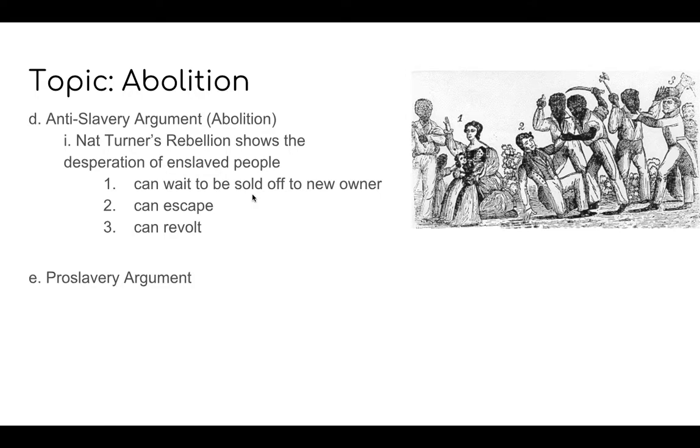Now, pro-slavery argument, this is lowercase e, is this scares a lot of non-slave states. So even people that are living in the North, in states that don't have slavery, are frightened by this revolt. Especially people that are living in states that support slavery are definitely frightened by this too.